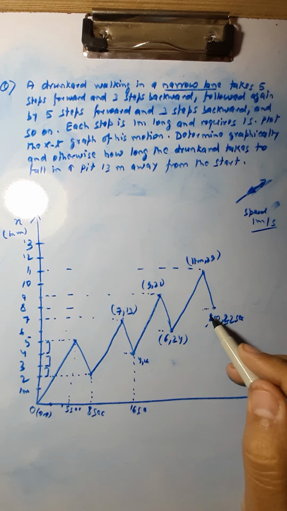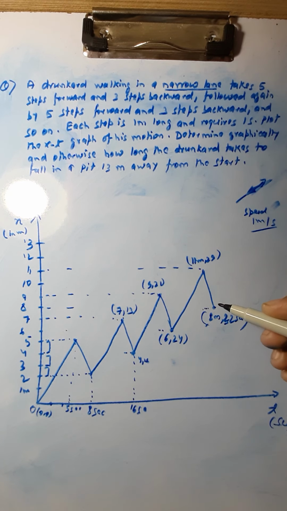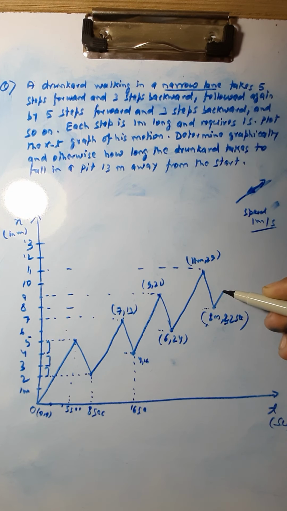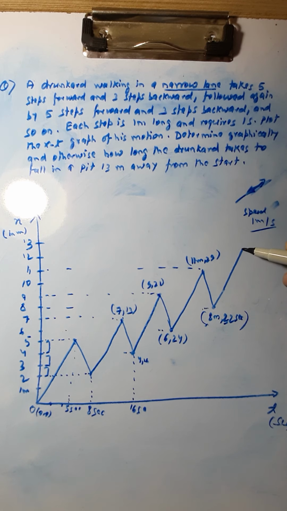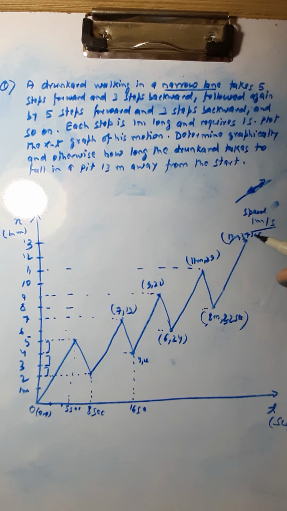Now what will happen next? From 8 meter he will again take 5 steps forward, so he has reached 13 meter. The time would take another 5 seconds, so it would be 37 seconds. So by taking 5 steps forward he has reached 13 meter at 37 seconds.